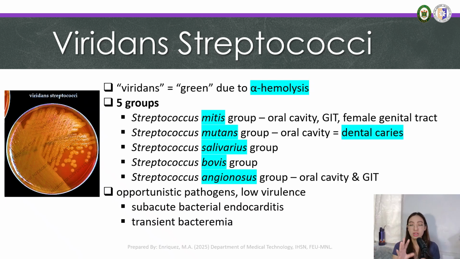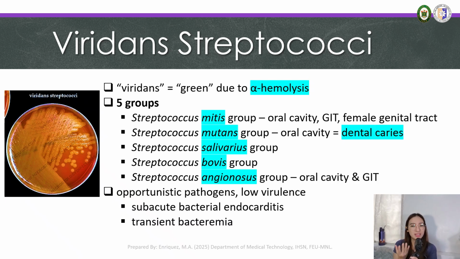Okay, just remember yung mga possible diseases associated with them, such as for Streptococcus mutans. As we can see right here, Streptococcus mutans could be found in the oral cavity and could lead to dental caries. All right, ulitin po natin yun. Ang Streptococcus mutans, it's part of the normal flora of our oral cavity.